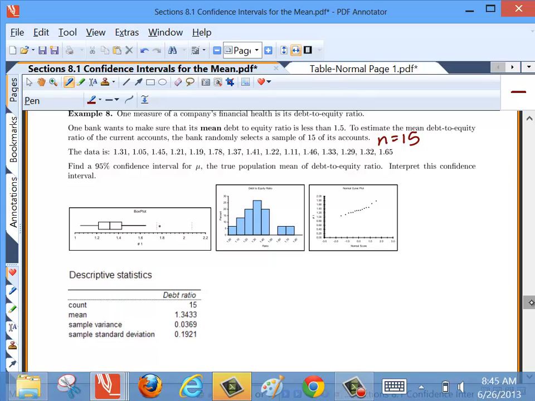Since my sample size is less than 30, I need to check whether my data looks normal. The histogram looks mostly normal, but we had a hiccup here. But the normal quantile plot is a fairly straight line. Because it is robust, this is still normal enough for our purposes.